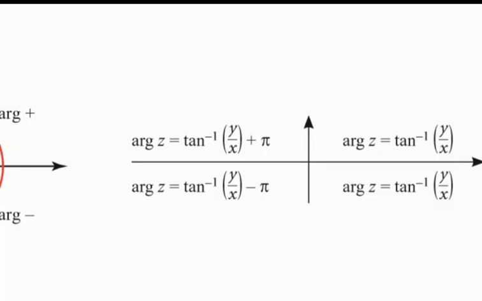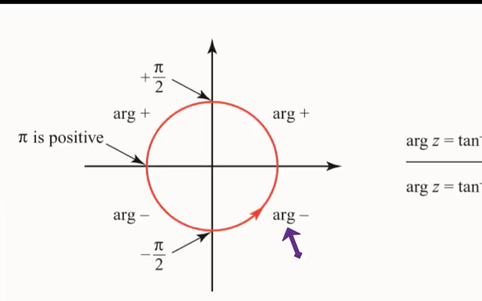If it is in the third quadrant, our principal argument of that specific complex number will be tan inverse of y over x minus pi. In the fourth quadrant, the argument of z is tan inverse of y over x. Since it goes in the clockwise direction, it becomes negative, and the value of tan inverse of y over x is negative, so that will be cancelled out.